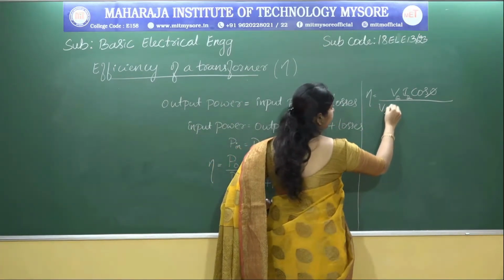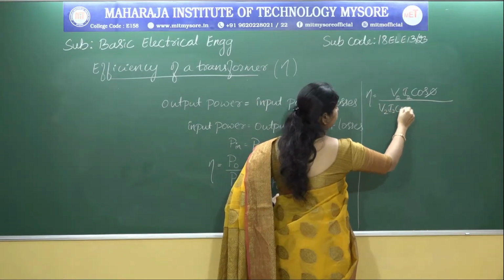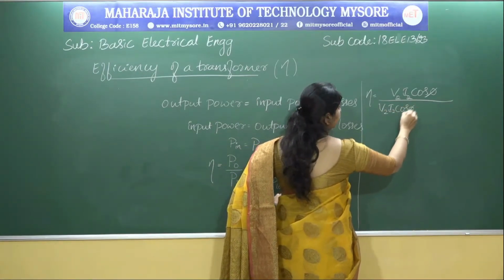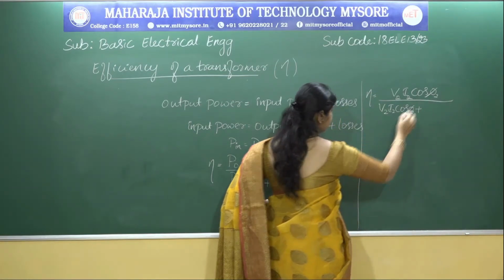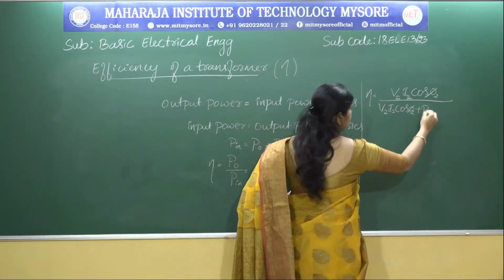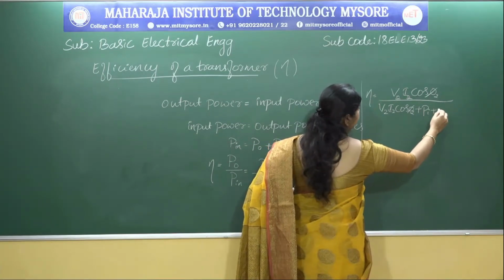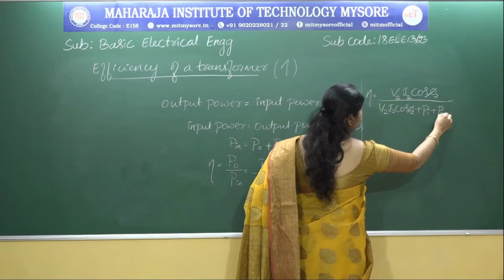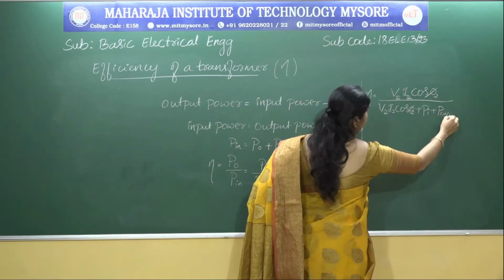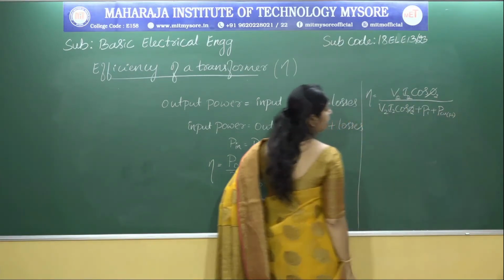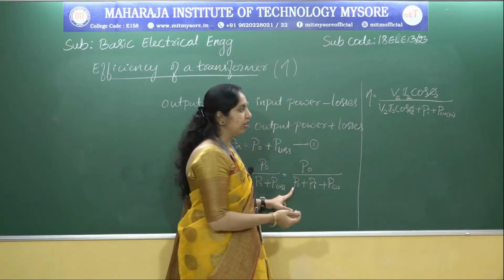Similarly in the denominator we write V2 I2 cos phi 2 plus Pi, which is iron loss, plus PCU. Remember, here we are calculating for full load. I'll come back to full load and fractional load later.